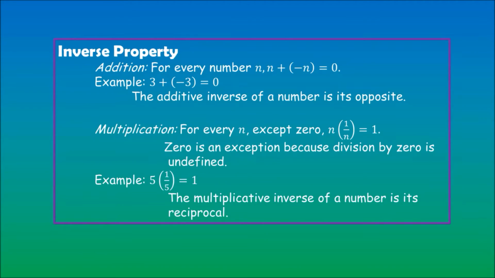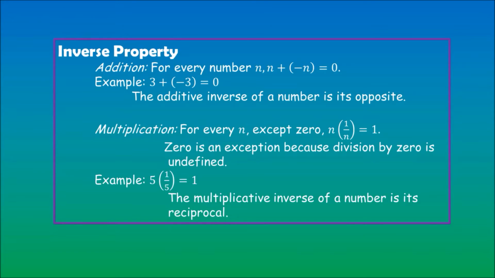The next property, which is the last, is the inverse property. For addition, we have for every number n, n plus negative n is equal to 0. For example, 3 plus negative 3 equals 0. So this means that the additive inverse of a number is its opposite.